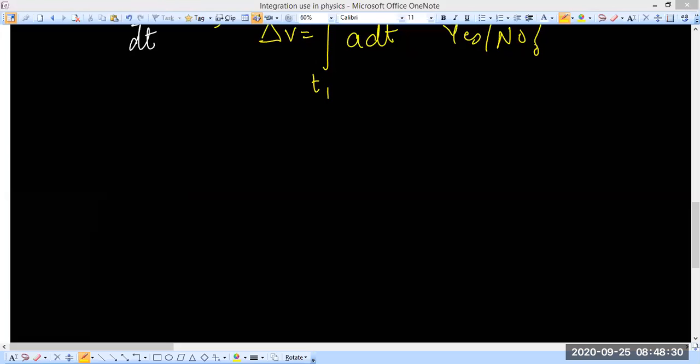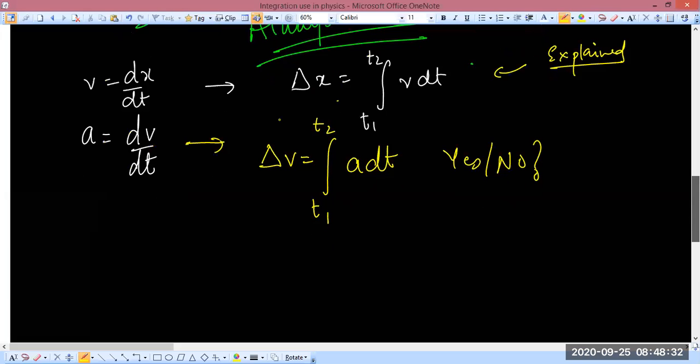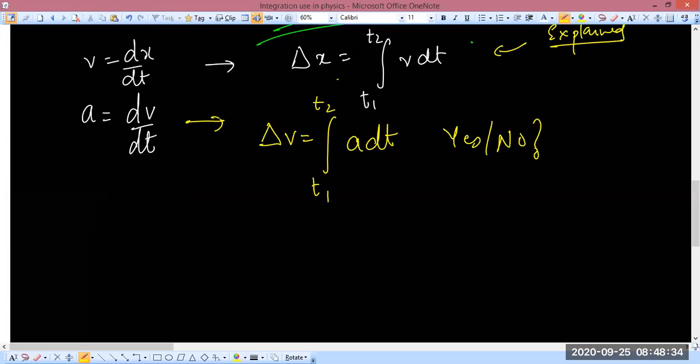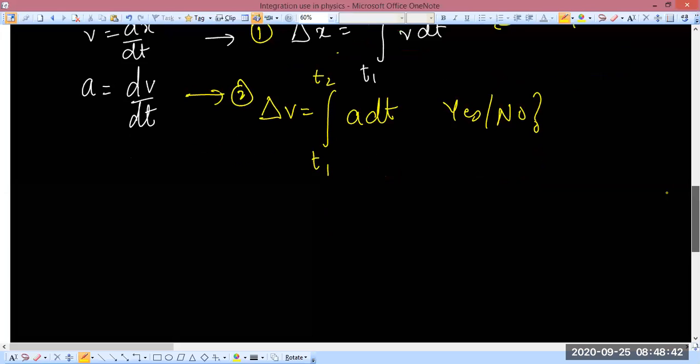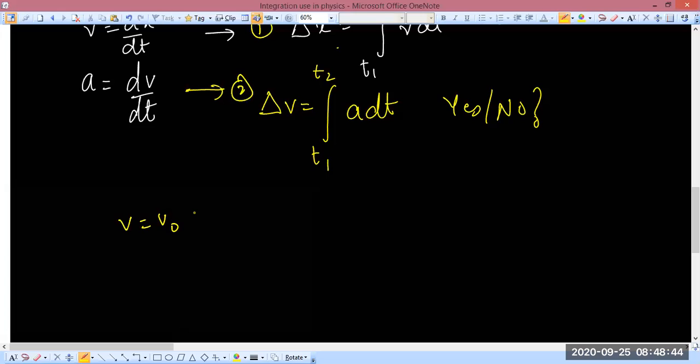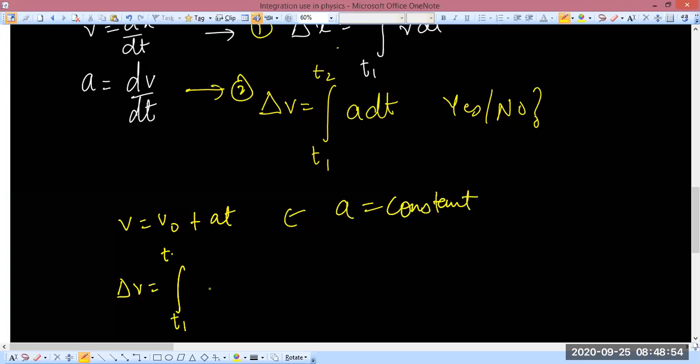Now we have two relations. And both these relations are valid even if acceleration is not constant, that is, in any case. For example, this is the first equation of kinematics. You can only use this if acceleration is constant, but for this relation there is no such problem.